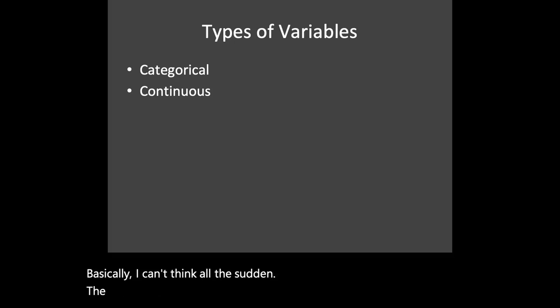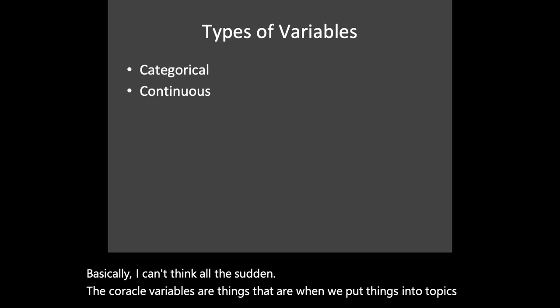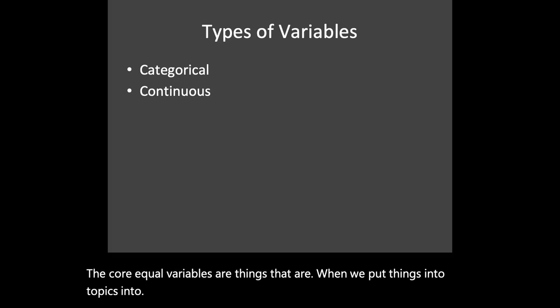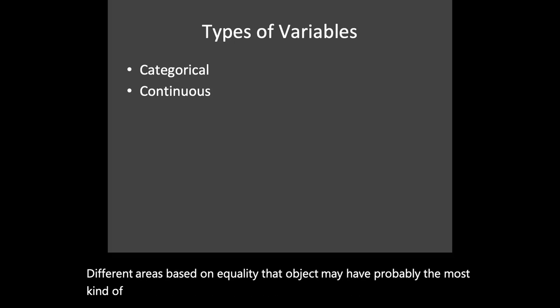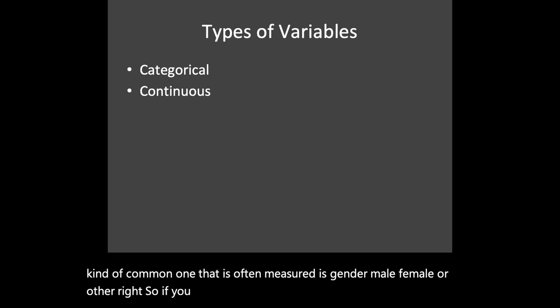Categorical variables are things where we put things into different areas based on a quality that object may have. Probably the most common one that is often measured is gender, male, female, or other, right? So if you have male qualities, you fit in the male category.